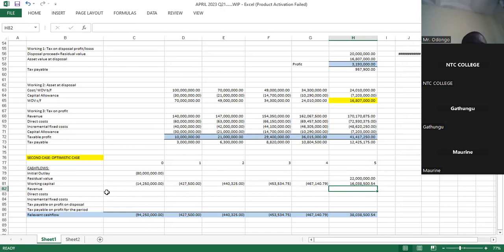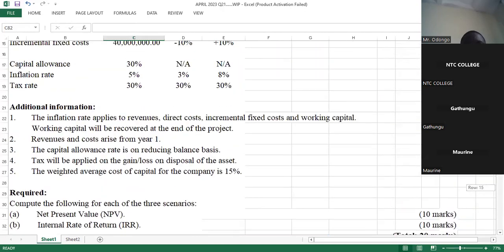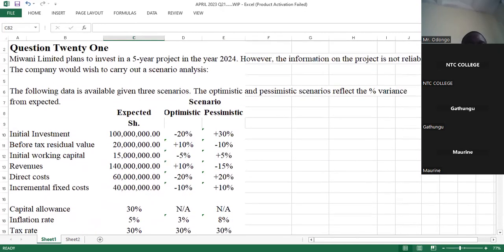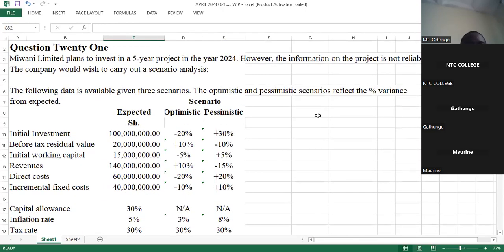We then proceed to the revenue, and back to the question again. The revenue for the expected case was 140 million. Under the optimistic case, we should have a change of plus 10%.